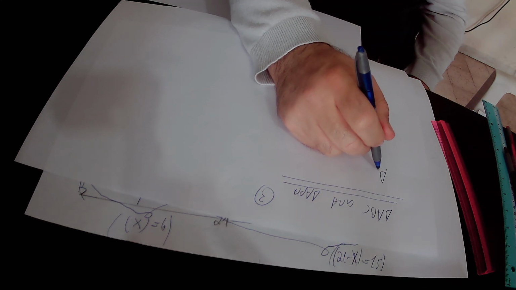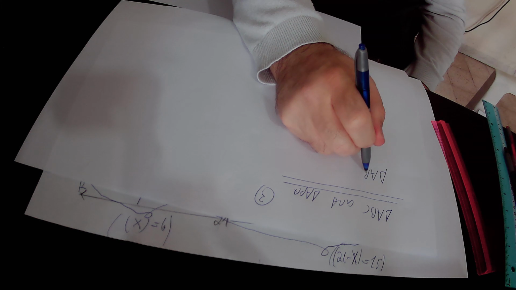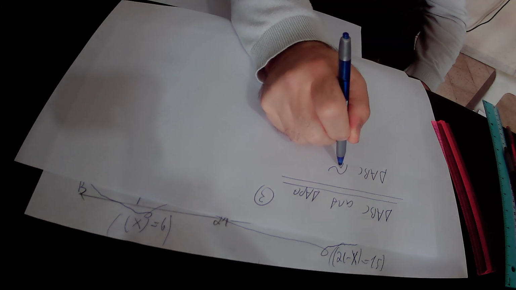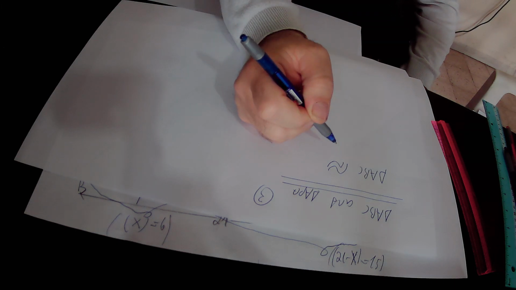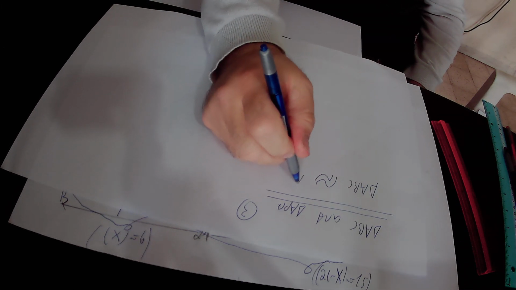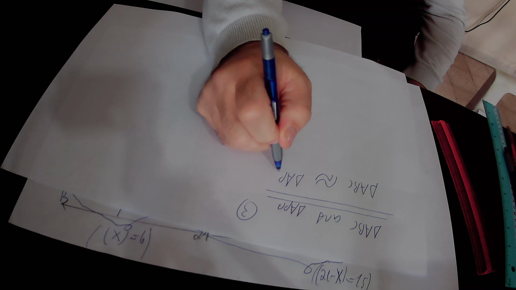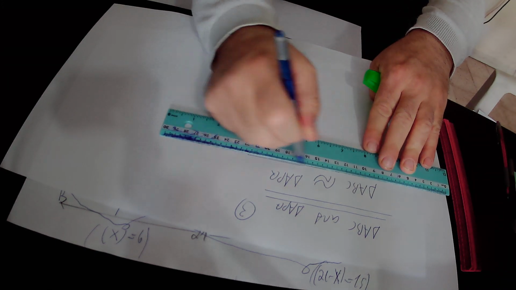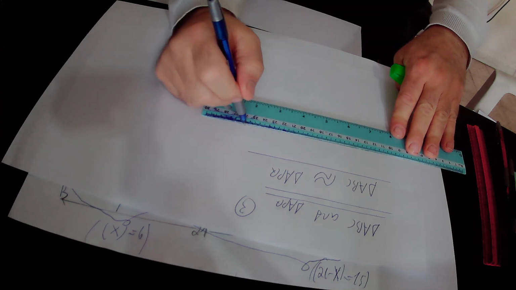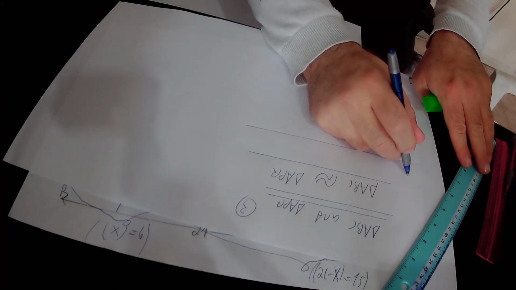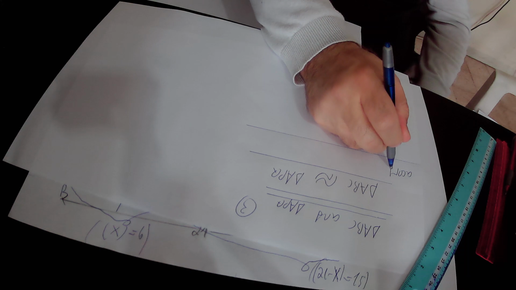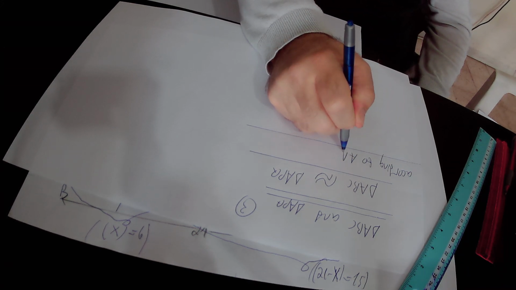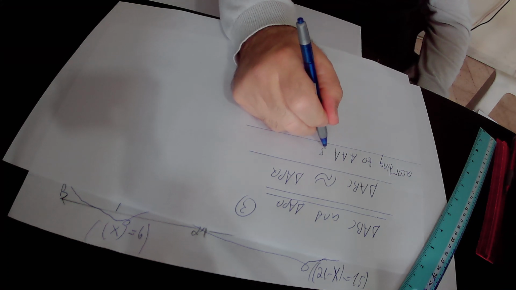The big triangle ABC is similar, this is the sign of similar, to the small triangle APQ, according to the angle similarity rule.